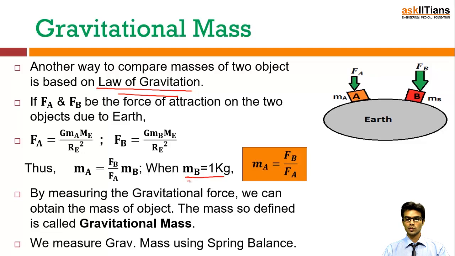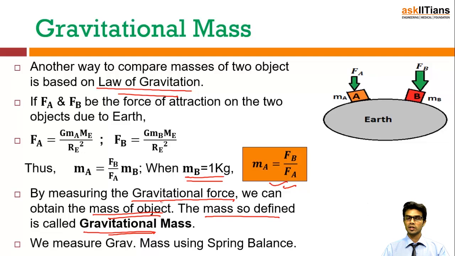When mb is equal to 1 kg, then ma is equal to Fb by Fa. That is, by measuring the gravitational force, we can obtain the mass of the object. The mass so defined is called gravitational mass.